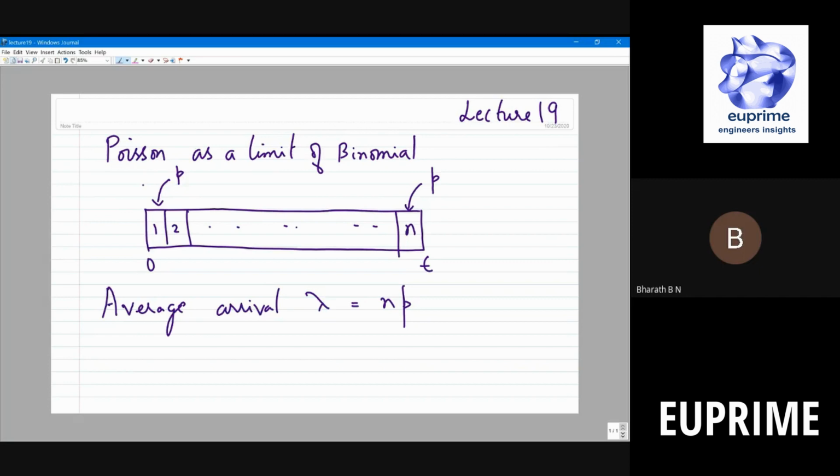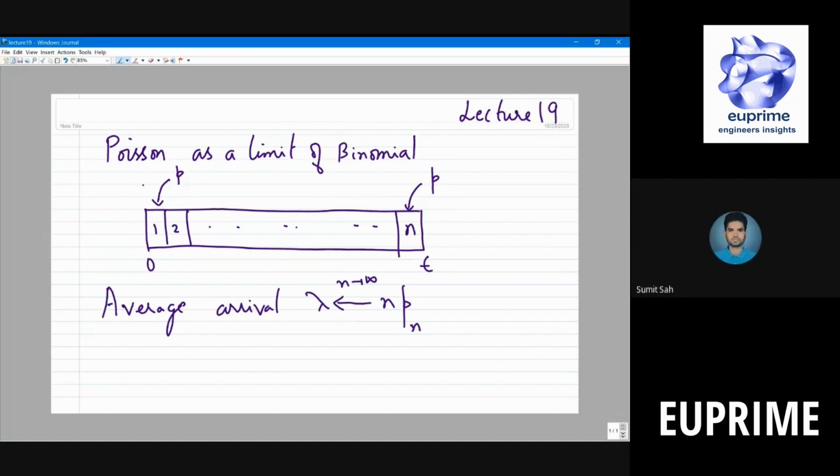I'll take n tending to infinity, but I'll ensure that this product n p_n tends to lambda. So this n p_n, as n goes to infinity, I'll ensure that this goes to a number lambda. So this is the average number of arrivals in 0 to t seconds. Is that fine?